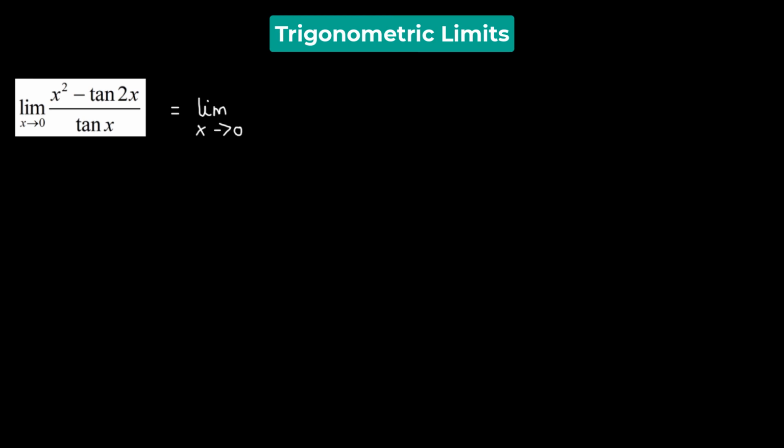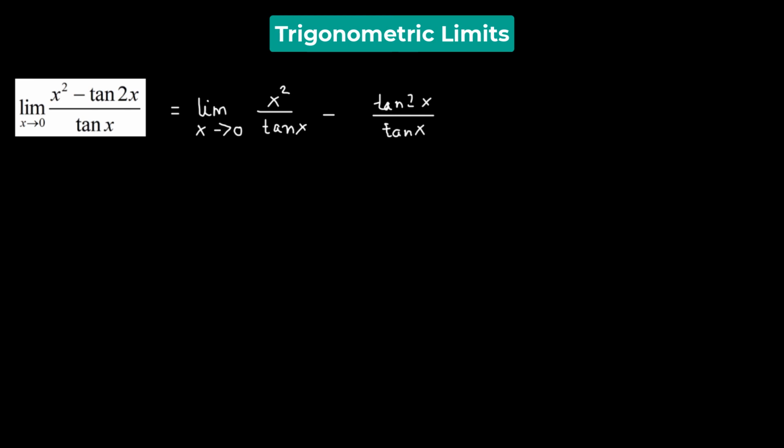So we have x squared over tangent of x minus tangent of 2x over tangent of x.